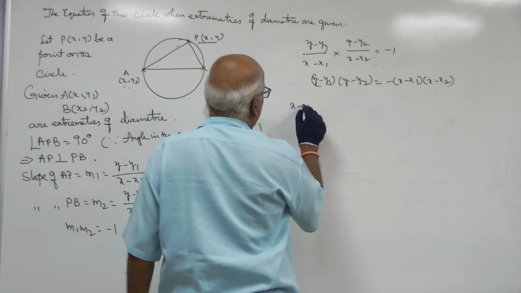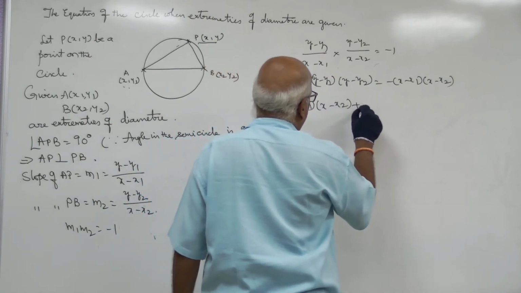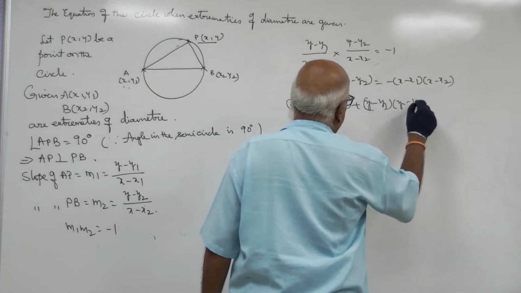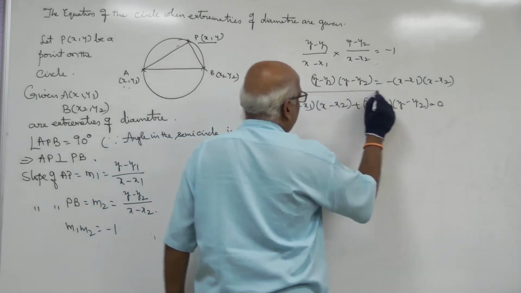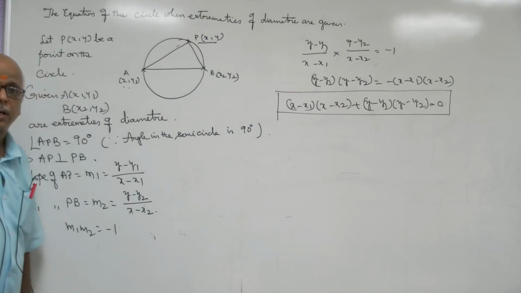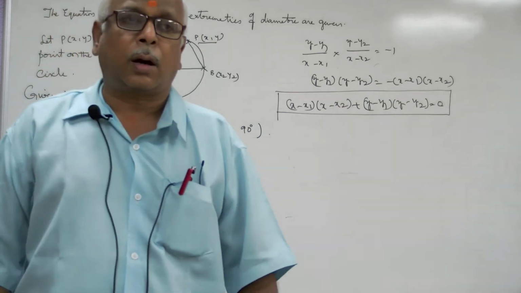Bring all values to one side: (x minus x1)(x minus x2) plus (y minus y1)(y minus y2) equals 0. This is another important formula to find out the equation of the circle when the extremities of the diameter are given.